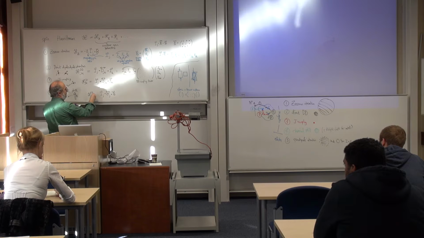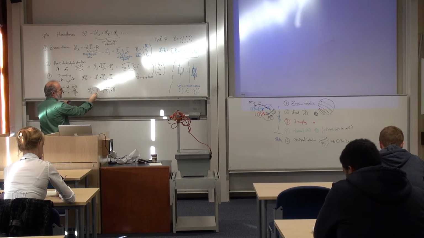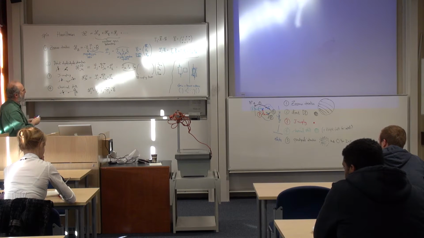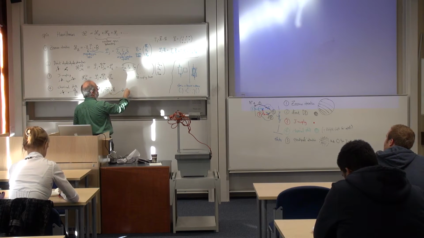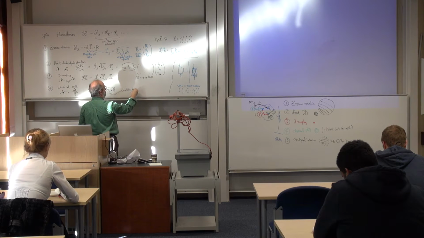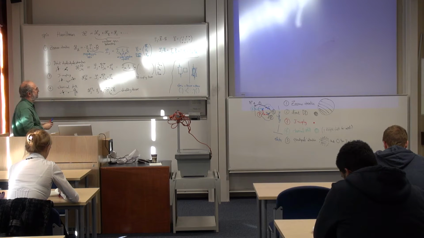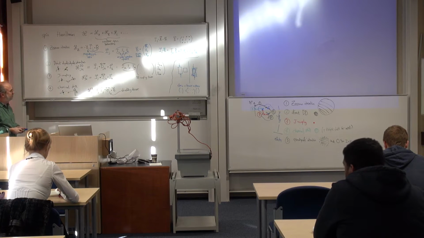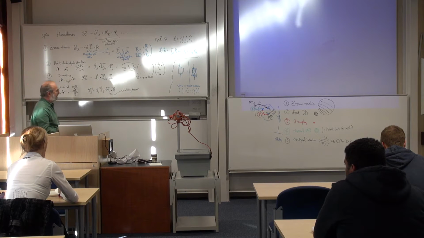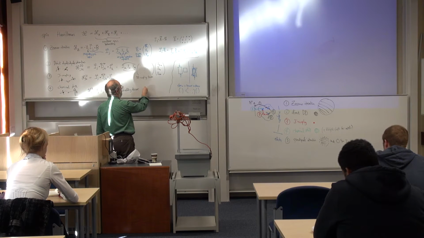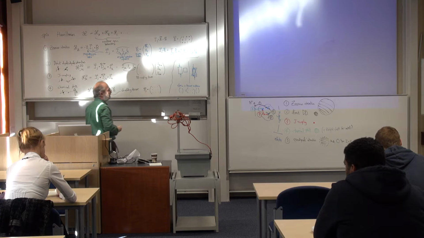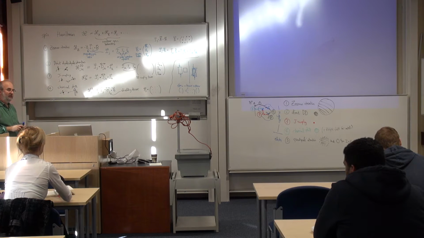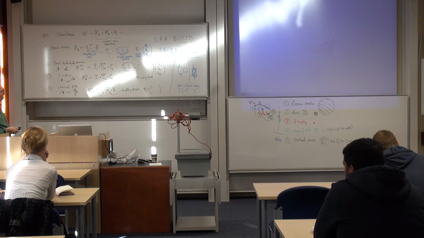And actually I just have to add the magnetogyric ratio in this case. But again, in general, the shielding tensor we can think of as a 3x3 matrix which couples together the magnetic field and the spin angular momentum.